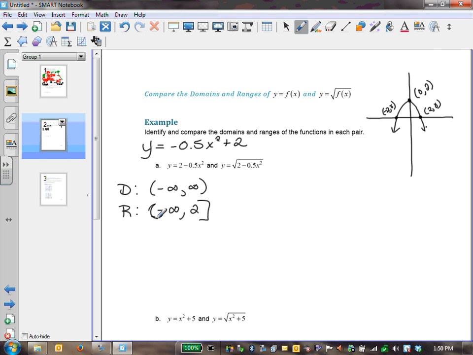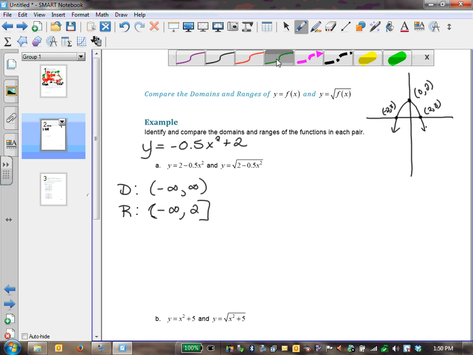Okay, now let's do the radical graph of this. What do we know about the x-intercepts between the parent graph and the radical graph? We did it on the other sheet.